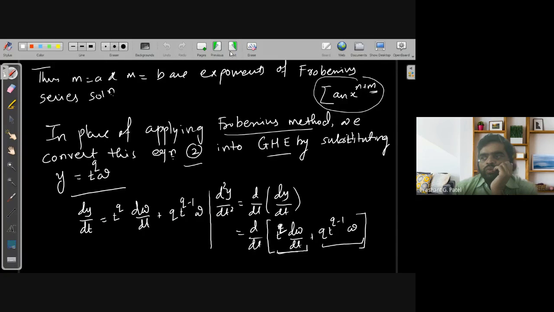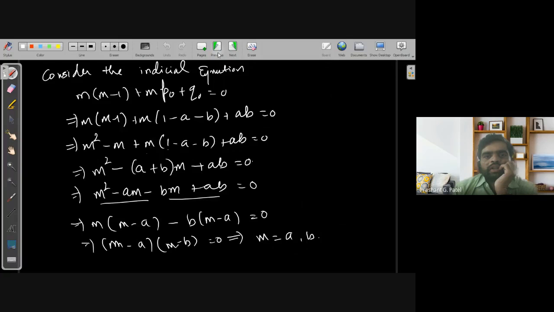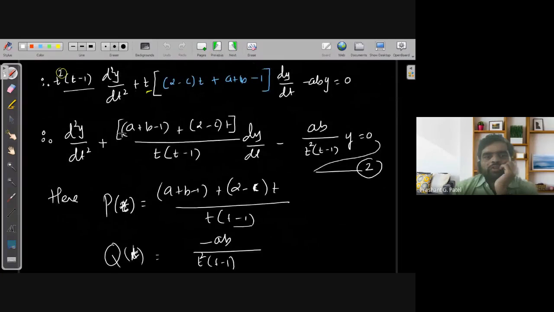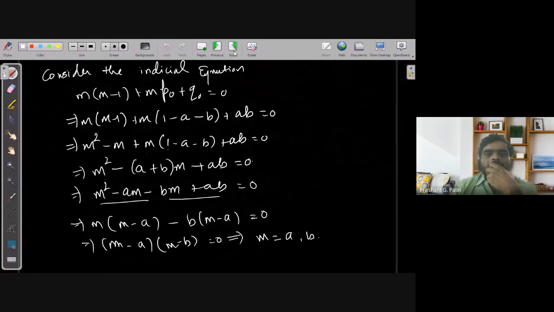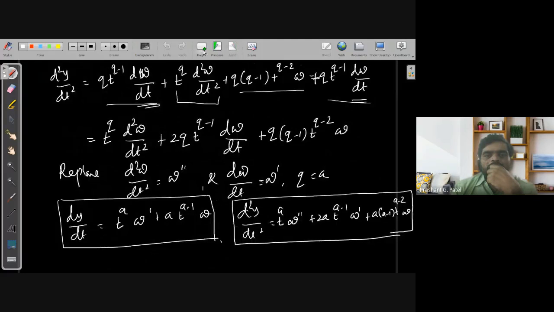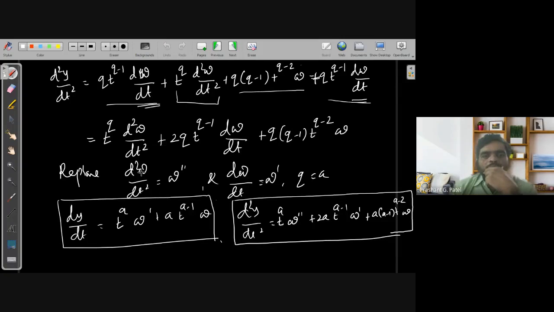So let me write down first what the equation 2 is. So the equation 2 is this. Instead of writing this equation, I just write down this equation, that is the same. So let me write that first equation. So we'll have t square into t minus 1 into y double dash. Y double dash is this whole thing. So let us write that.